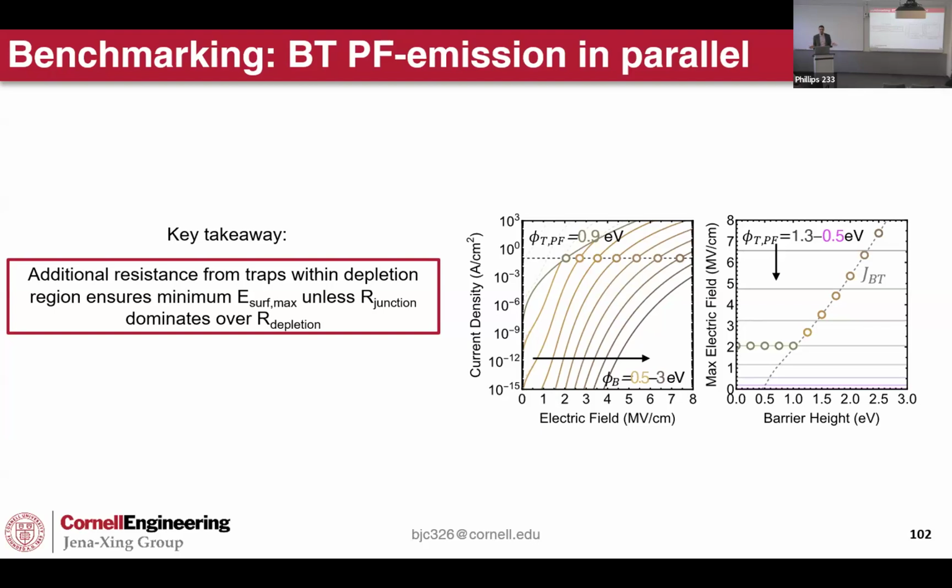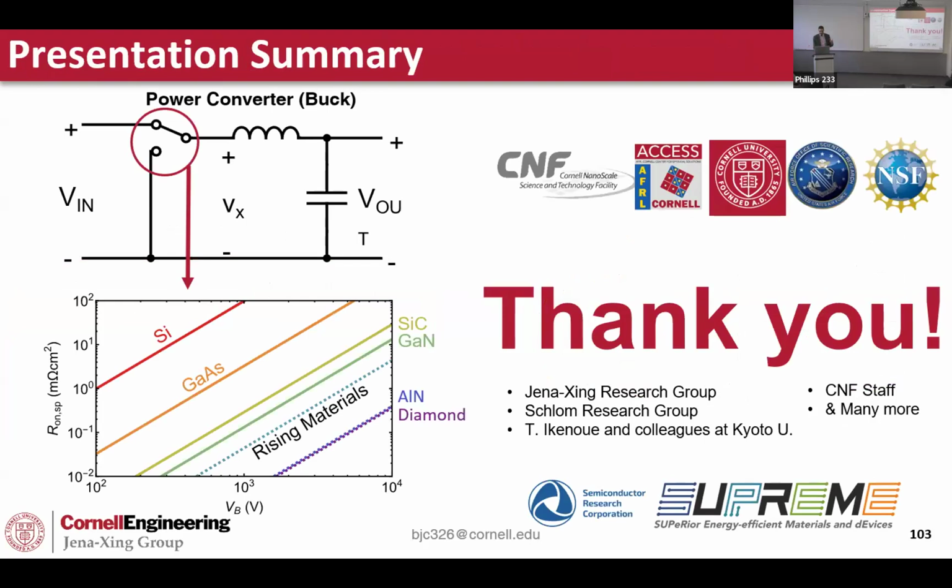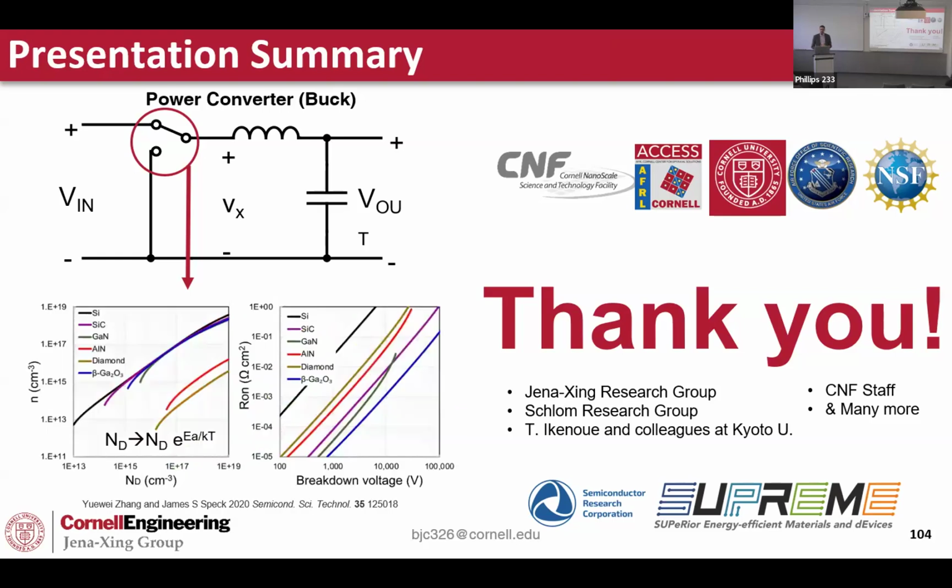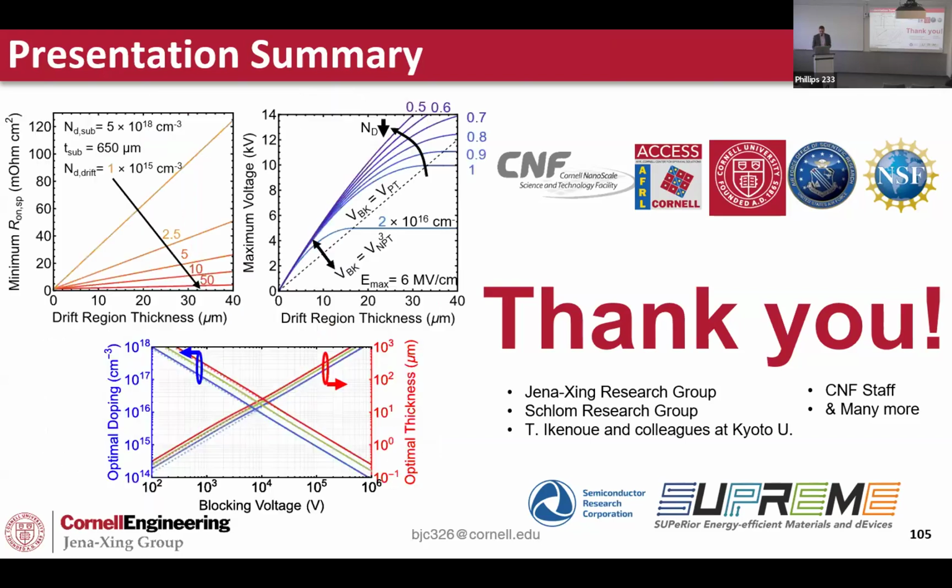I know it says 102 slides, wasn't really 102, but I hope to have summarized a few things for you. One, in the field of power electronics, these figures of merit have effectively been derived from its direct application in these power converters. And we can easily modify these assumptions for BFOM to motivate the next generation materials, like, for example, the doping efficiency for aluminum nitride and silicon carbide and diamond.